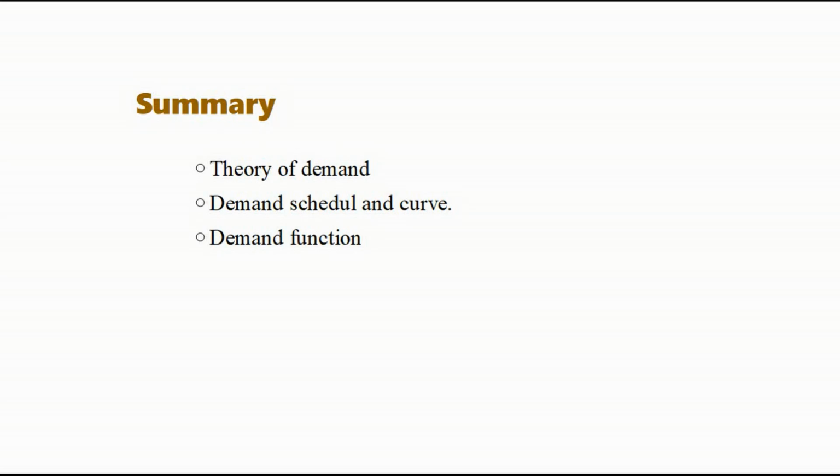In the demand schedule, we said that it is a tabular statement representing the different quantities of a commodity that would be demanded at different prices at a given period of time. In the demand schedule, there are also two types: individual demand and market demand.